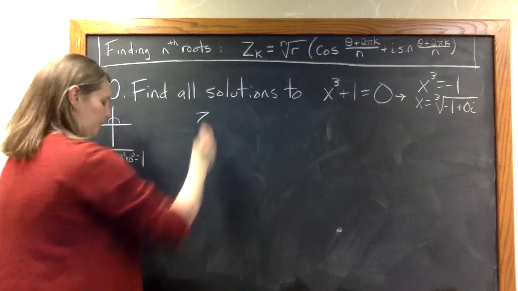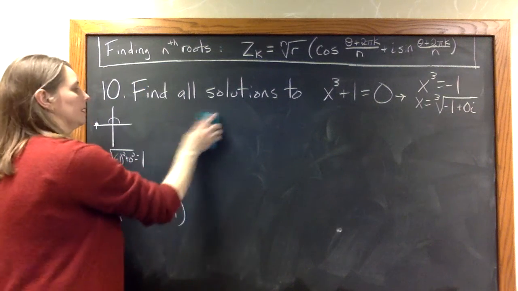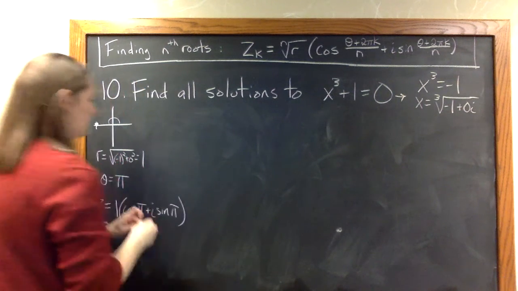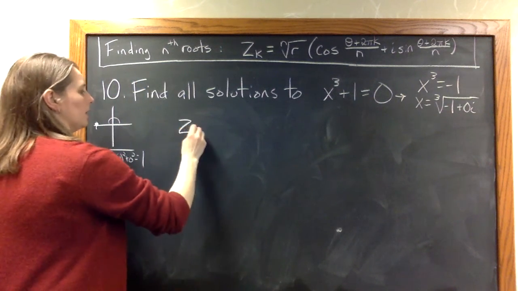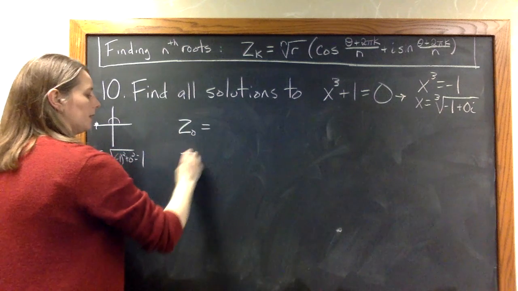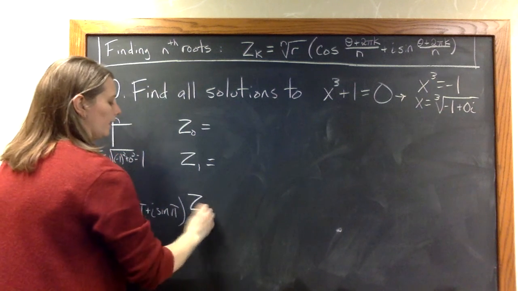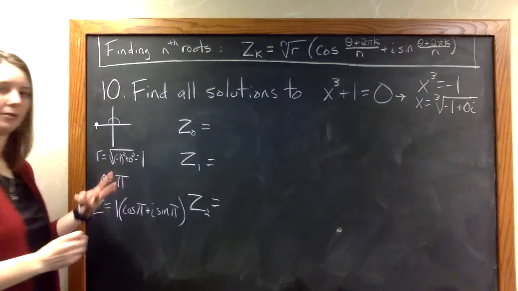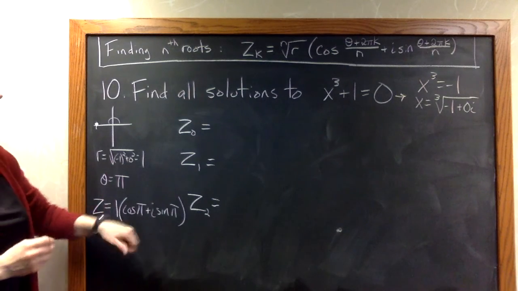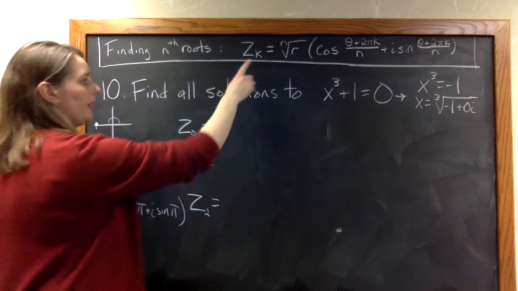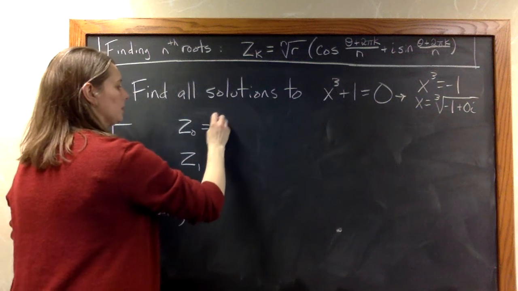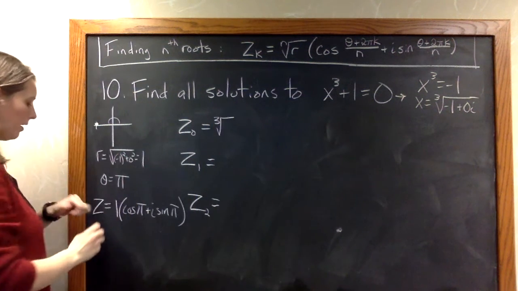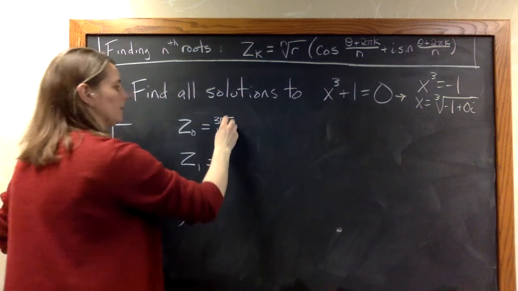So we're going to have Z0, Z1, and Z2. Okay, 3 solutions. All right, using the formula, the nth root, we're doing the cube root of R. We just decided that R was 1.